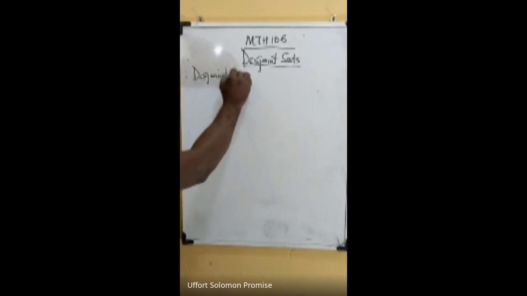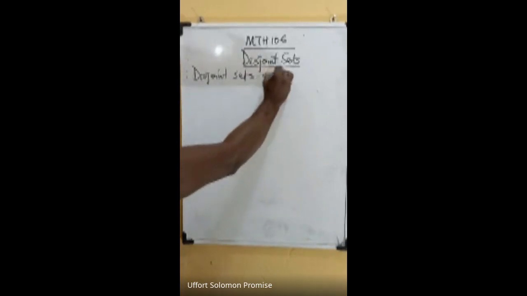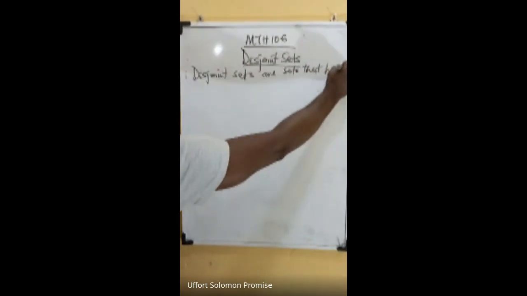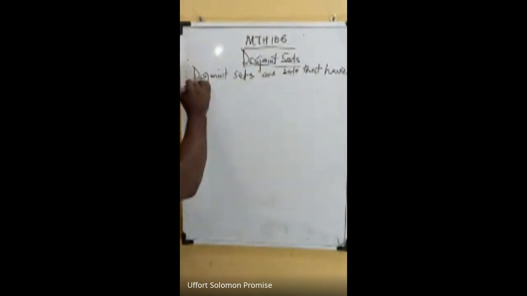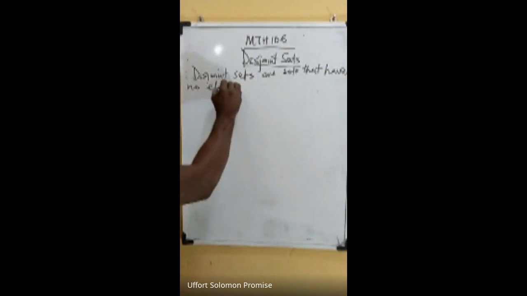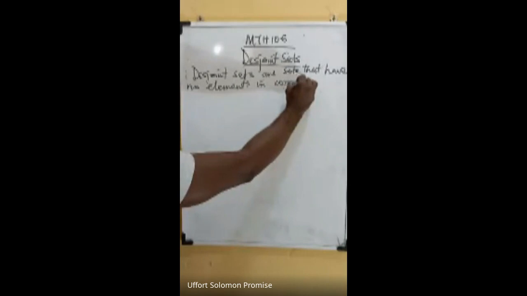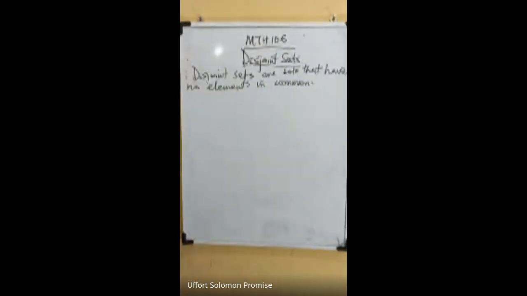Disjoint sets are sets that have no elements in common. They don't have common elements.